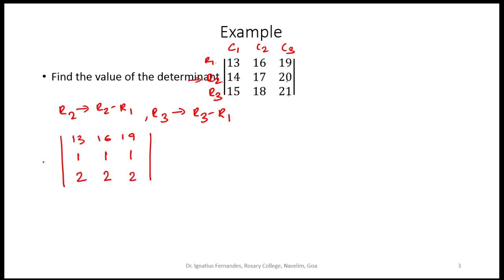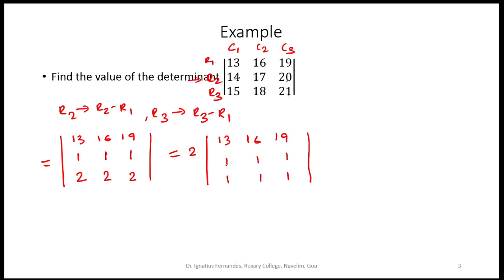So this determinant is equal to the previous determinant by carrying out these row transformations. Now 2 is common in all the terms in the third row, so I'll take 2 out. So I have 13, 16, 19, 1, 1, 1, and taking 2 common from these terms I get 1, 1, 1.